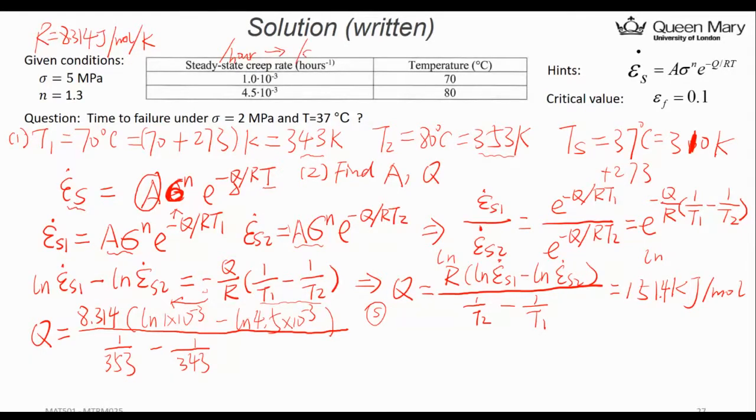What's that? The relationship, because 1 hour is equal to 3,600 seconds. So basically per hour is equal to per 3,600 seconds.